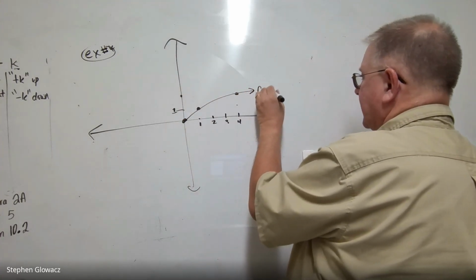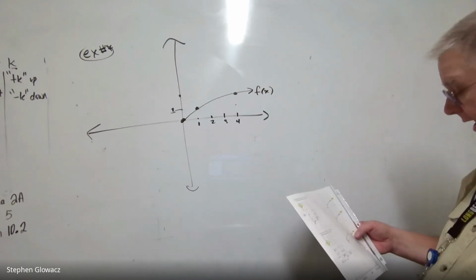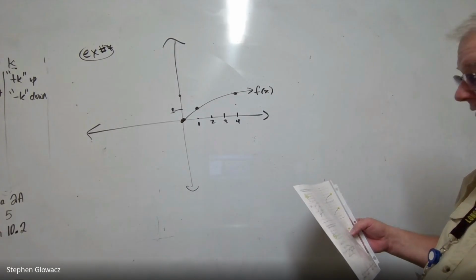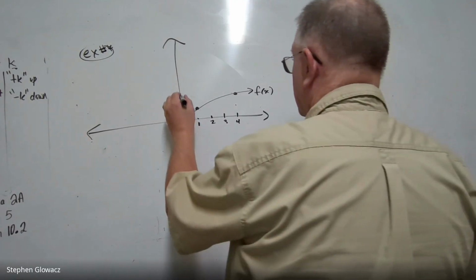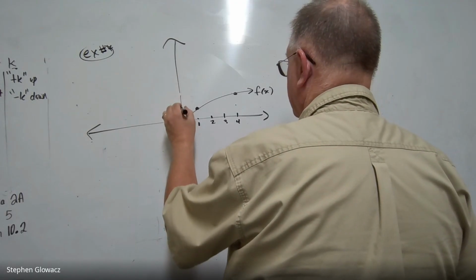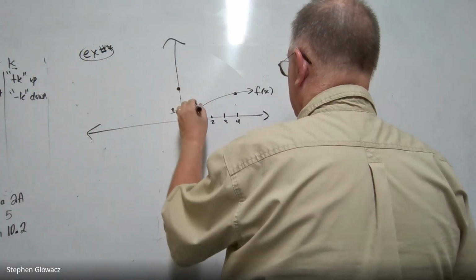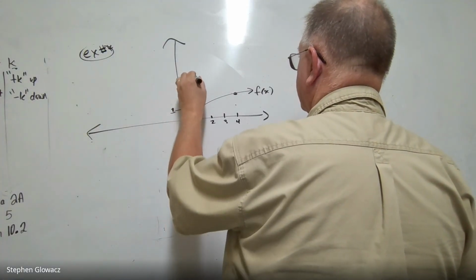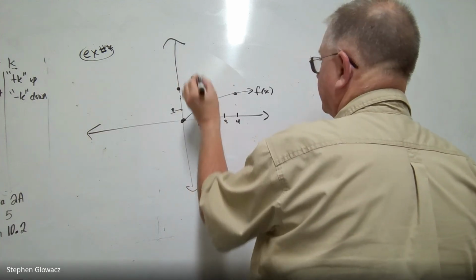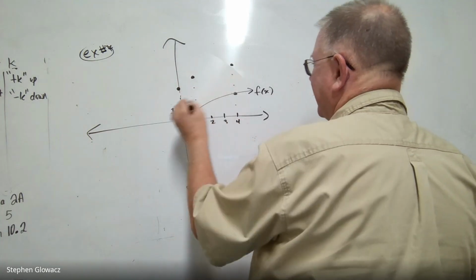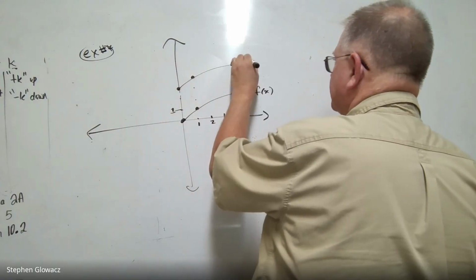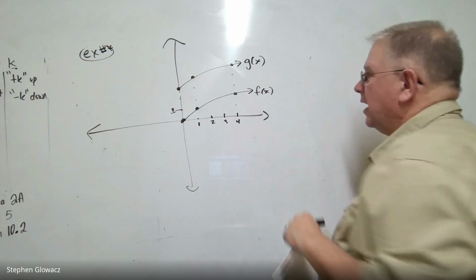That's our f of x. And then let's take a look at this first example. Let's see, 1, 2, 3, 1, 2, 3, 2. I'm kind of giving away the answer here by the counting, ain't I? So this is going to be our g of x function here.